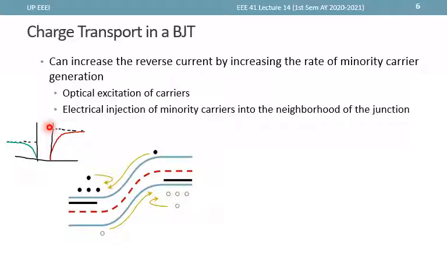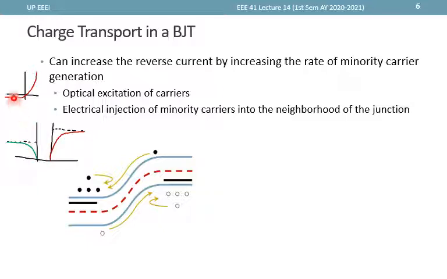However, when we reverse bias our PN junction, since we already have a very small amount of minority carriers at the depletion region, reverse biasing it further does not actually get this plot much lower, because this is approaching zero already.